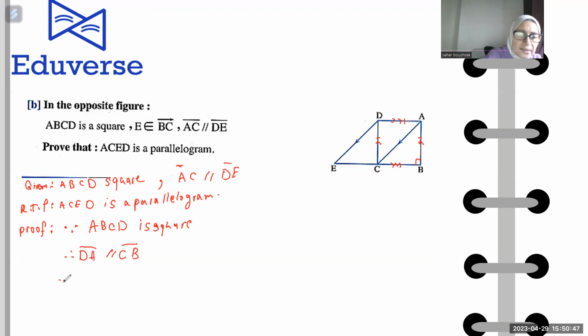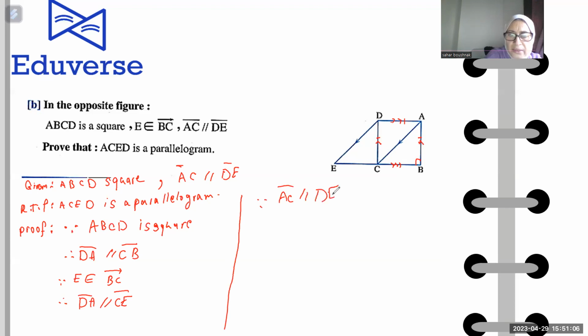And since E belongs to the ray BC, then DA is also parallel to CE. Since you tell me that AC is parallel to DE, then I find that the two opposite sides are parallel, so the shape ACED is a parallelogram.